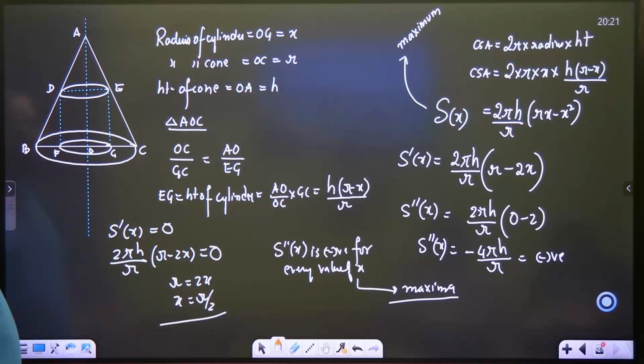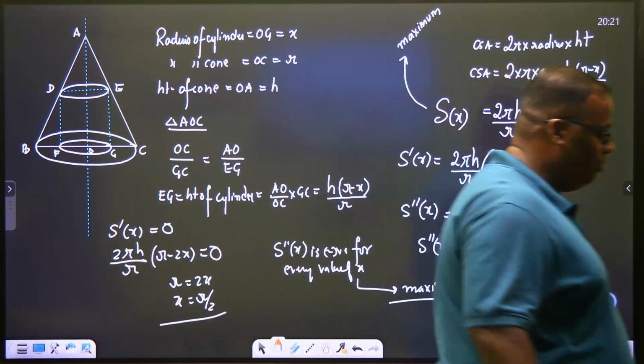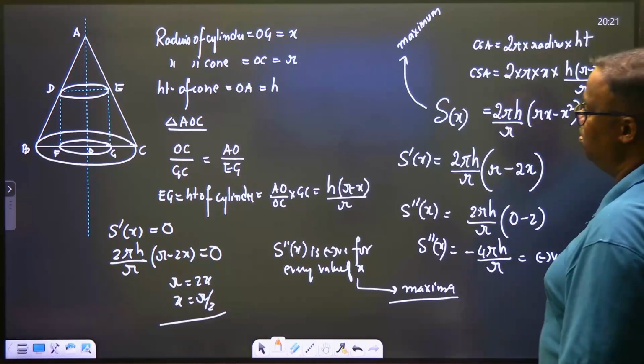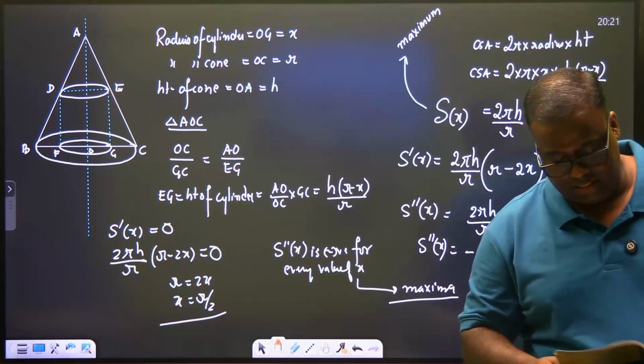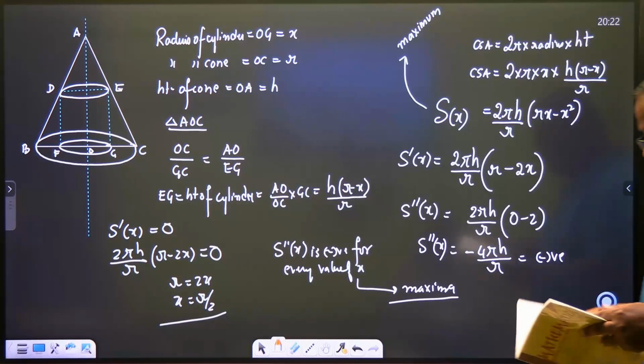Now you can calculate what is the maximum surface area. They did not ask you, by the way. They just said the radius. S double dash x is less than 0 for every x. So x equal to R by 2 is a point of maxima.